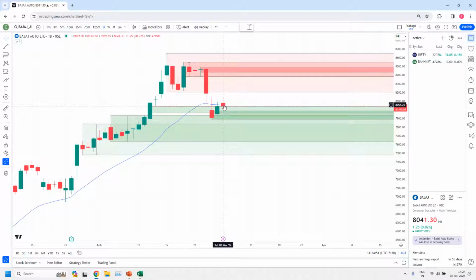At this point of time, there are no demand zones. That means there is no possibility that the trend will be changed by the time it reaches this supply zone. So the trend will be maintained as downtrend up to this point.